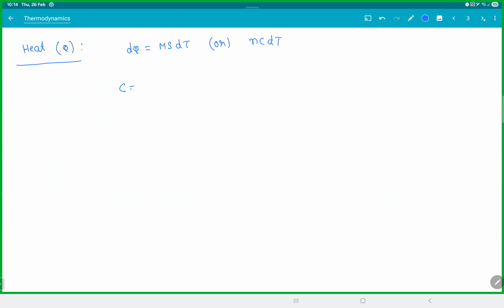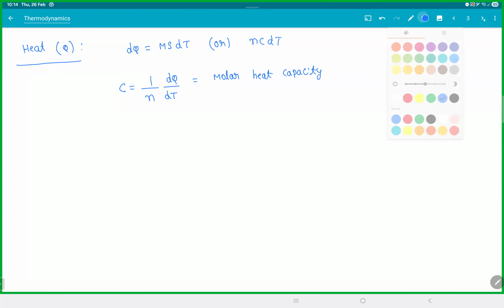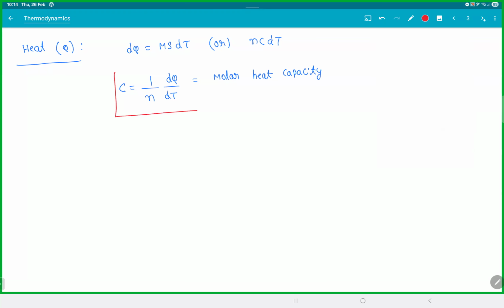So we define the molar heat capacity as the amount of heat required per mole per unit change in temperature. Important. Later on, we're going to define molar heat capacity for different processes like isobaric, isochoric, polytropic, and all that stuff.